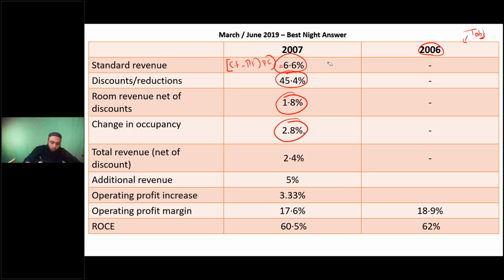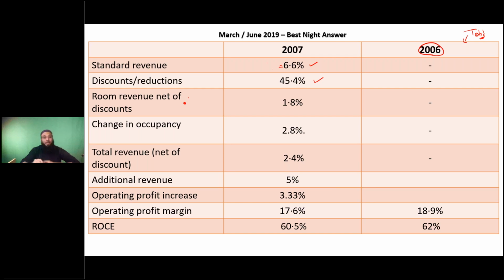Okay, done. Now, these are the answers, all what I worked out before. So you can see standard revenue, 6.6% increase. Discounts increased by 45.4%. Be with me. Now, this is the room revenue net of discount.